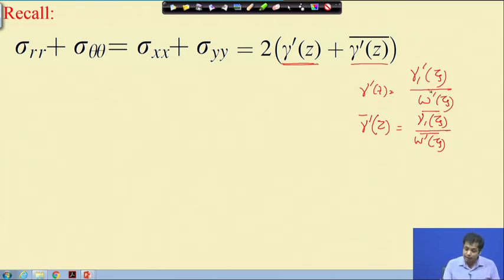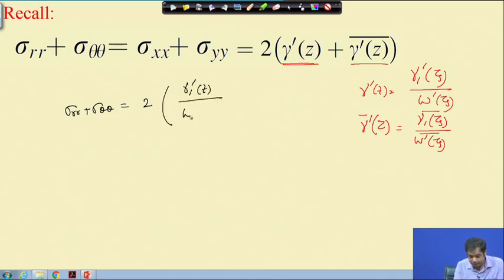If we substitute that in this expression, then essentially we have sigma RR plus sigma theta theta, which is equal to sigma XX plus sigma YY as well. That will be equal to 2 into gamma 1 dash zeta, w dash zeta, plus gamma 1 dash zeta conjugate, and w dash zeta conjugate.